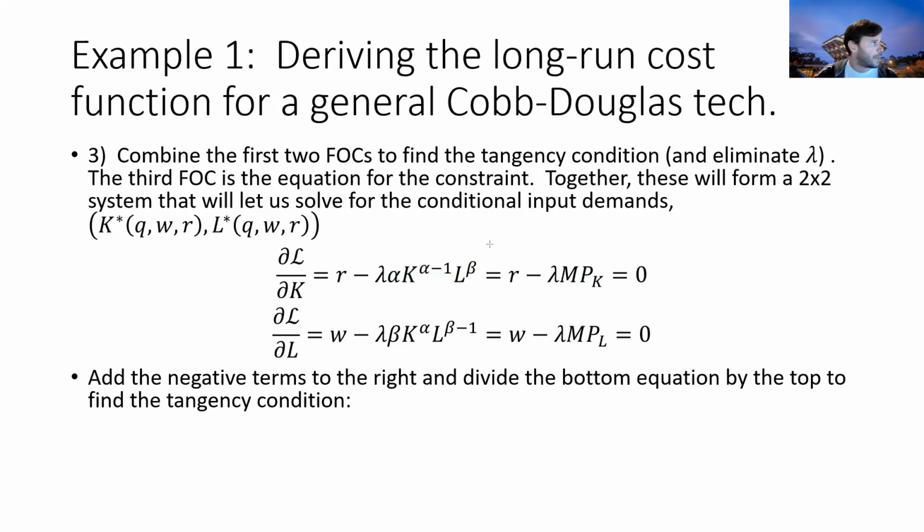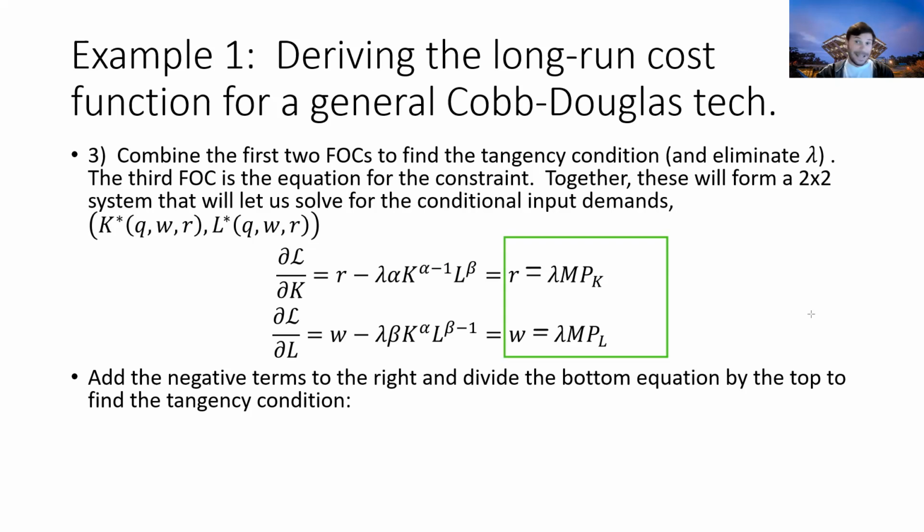If we do that, looking at the green box, let's first add those negative terms to the right. So there's no more 0 on the right-hand side. The only thing on the right-hand side are the marginal products times the lambdas.